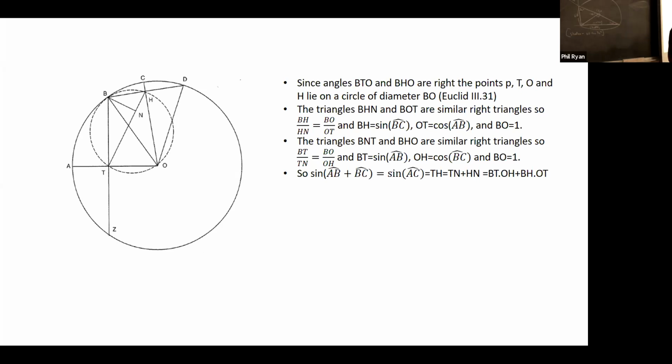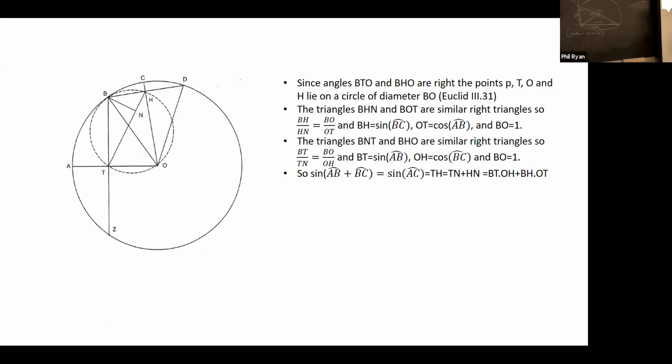And so then you just look at similar right triangles. Since you've got similar right triangles, you've got a bunch of relations about ratios of sides. And the interesting thing is, for example, BH, right?